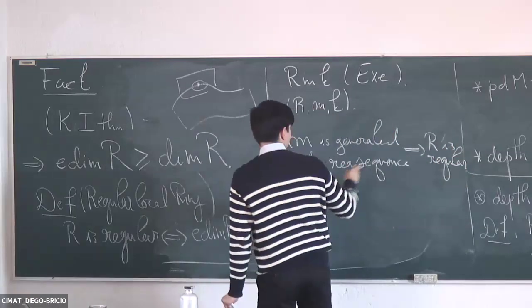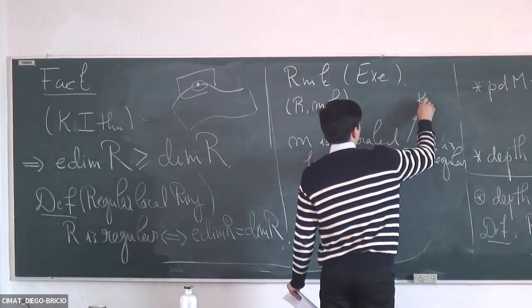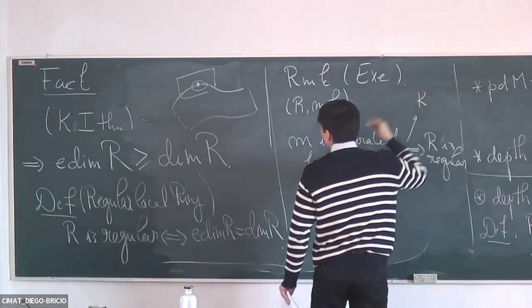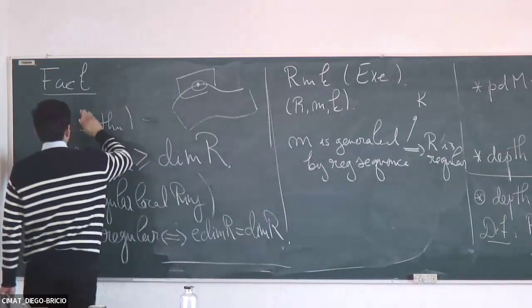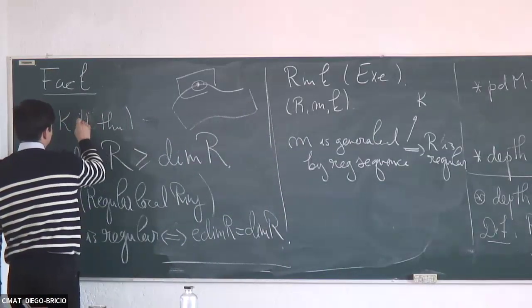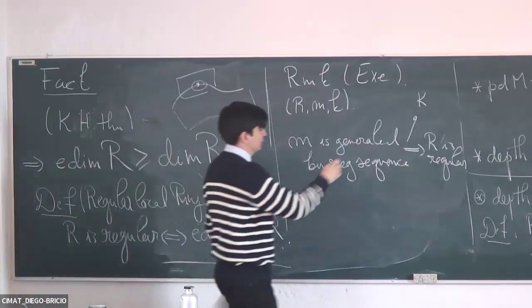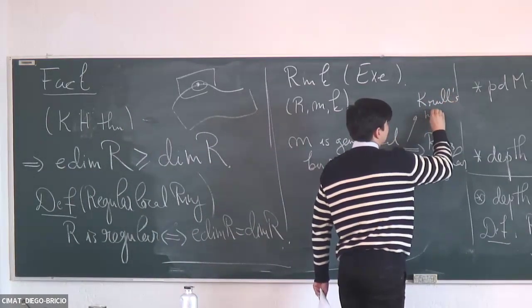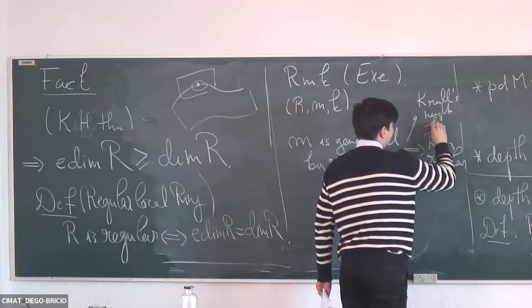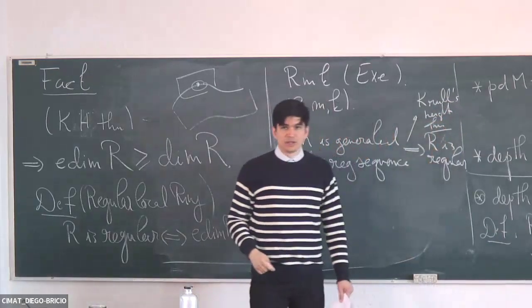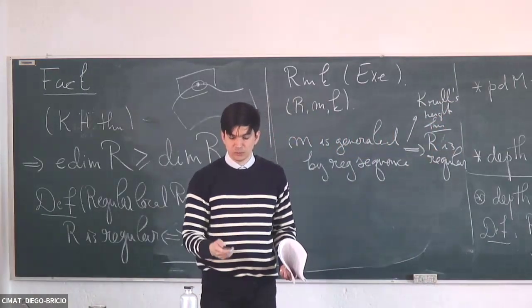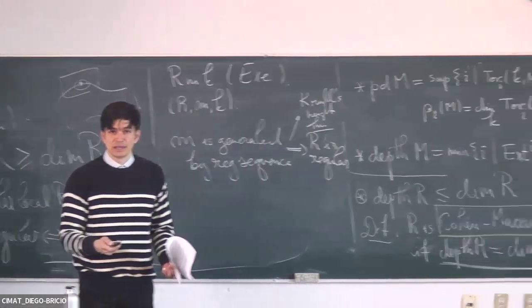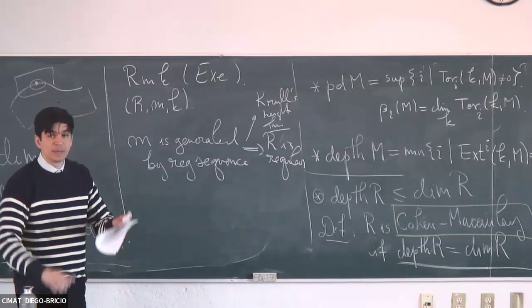And again, this is a consequence of Krull's height theorem, because that's the whole point of regular sequences, that they cut down dimension well.